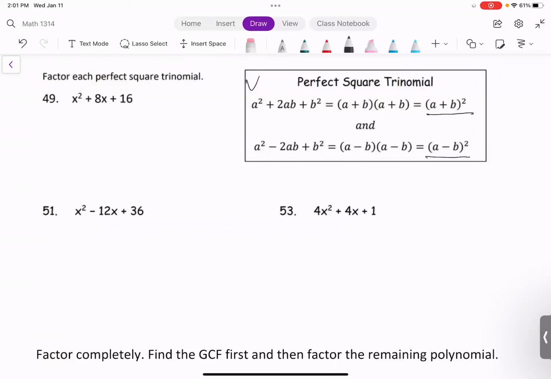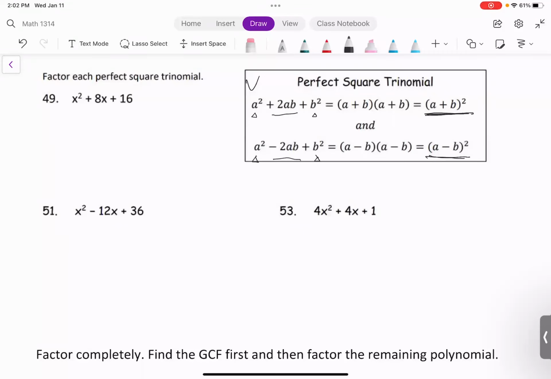So if I have a trinomial, a three-term polynomial, you must know that the first term and last term must be something squared, and the middle is positive or negative 2ab. Then you can get the factored form, a plus b squared or a minus b squared.